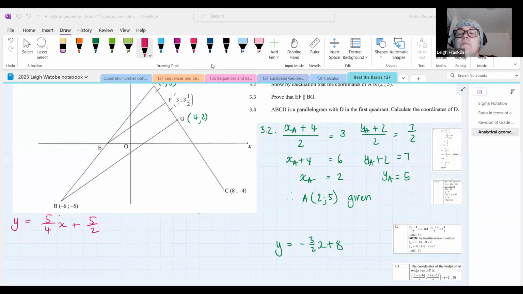Okay. All right. Okay, so now let's work out the x-intercept. In other words, the coordinates at E. Good, Thuli?